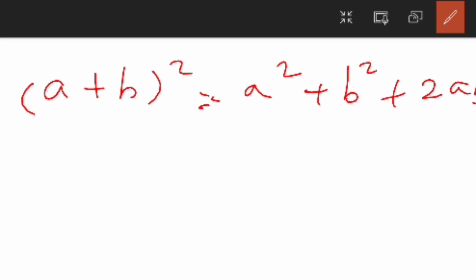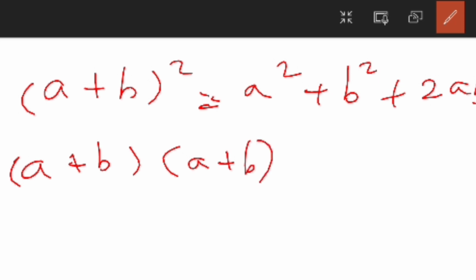How are we getting this? (a plus b) into (a plus b) is (a plus b) the whole square. Okay, so if we expand this, these two are polynomials, so we are going to multiply each term with the next polynomial, right?